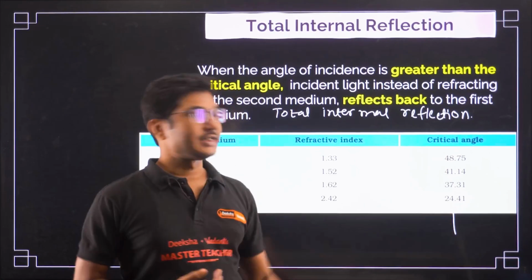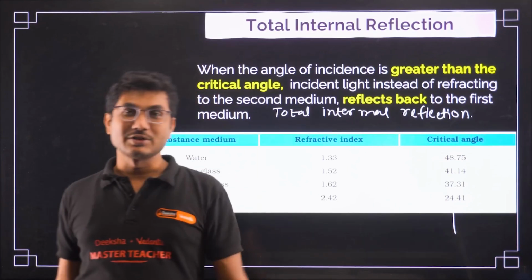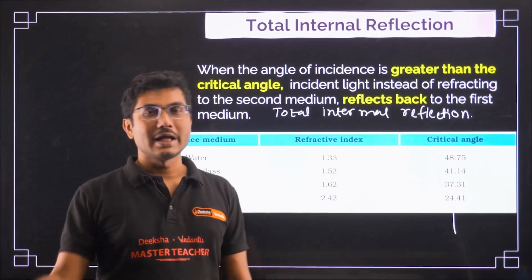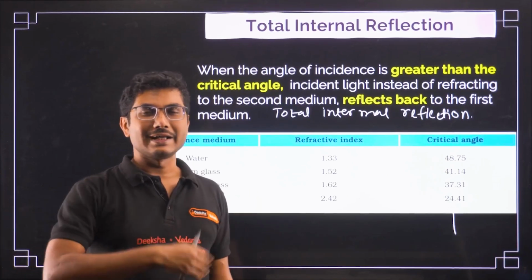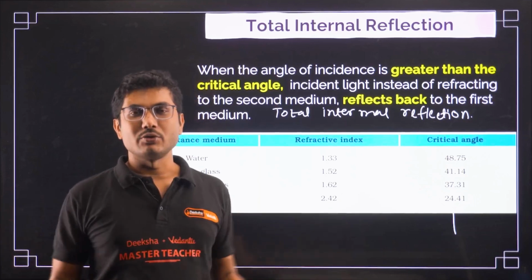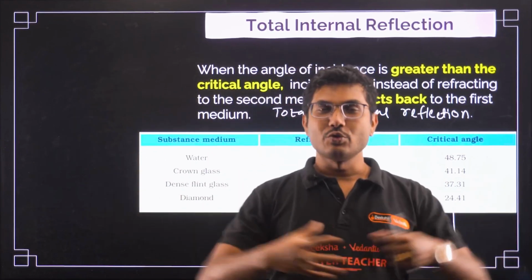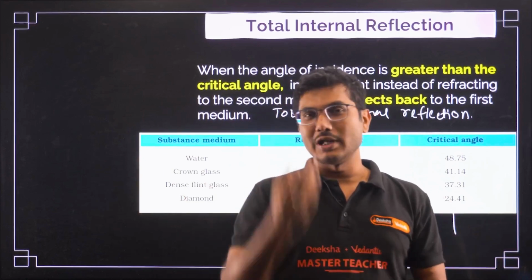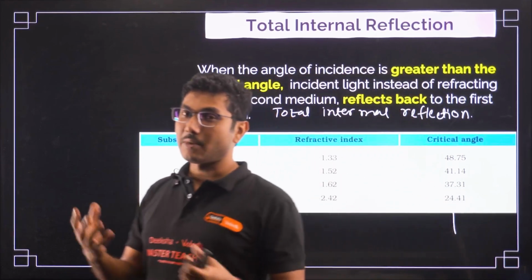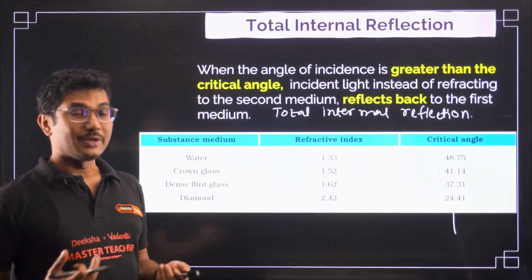One more reason is that its critical angle is very small, so light can enter, and once it is inside the diamond, it keeps on reflecting by total internal reflection, and then it can come out through only one particular direction. So light comes in through all sides but exits through only one side, and you see a very large amount of light coming through it. That's why the diamond appears so brilliant.